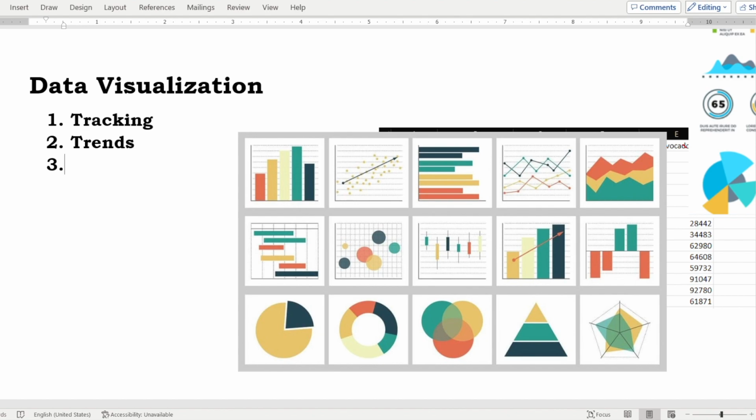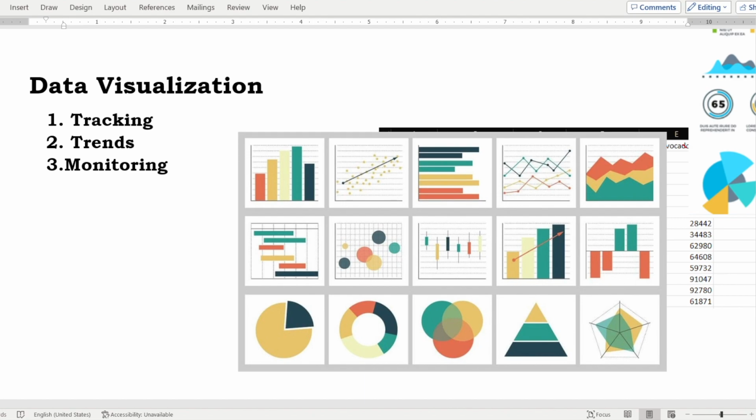Then monitoring. So monitoring, for example, monitoring the goals and the results of the sales executive. Most sales executives in organizations have goals. Visualizing their sales record in charts and graphs helps to easily picture how close they are to their goal and what steps they need to take.